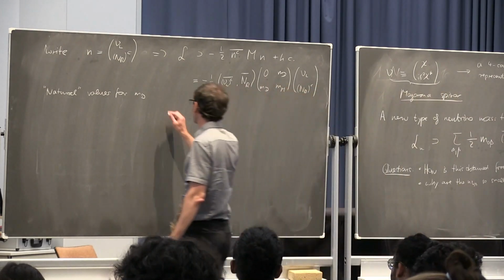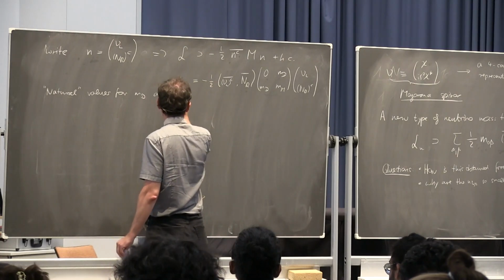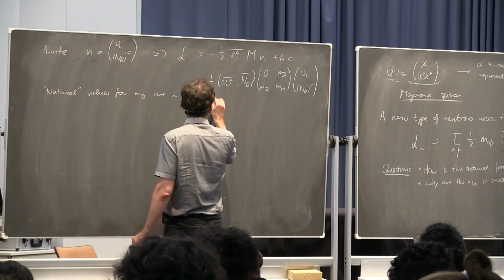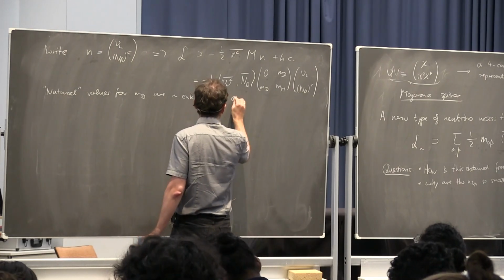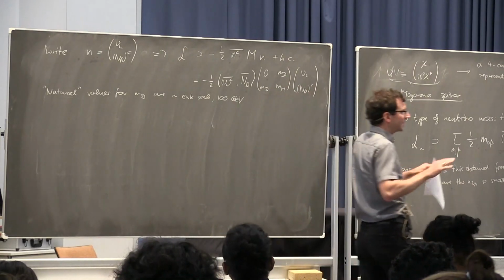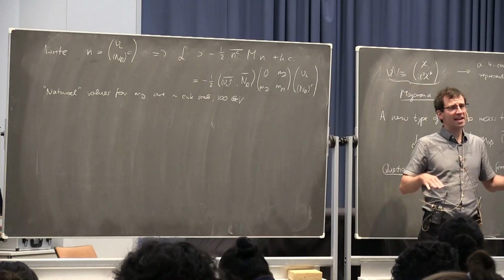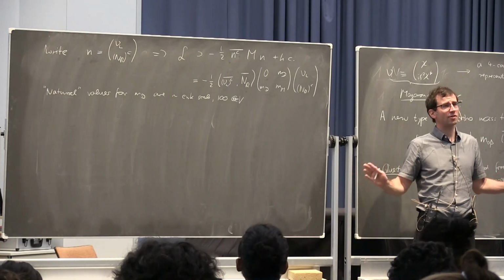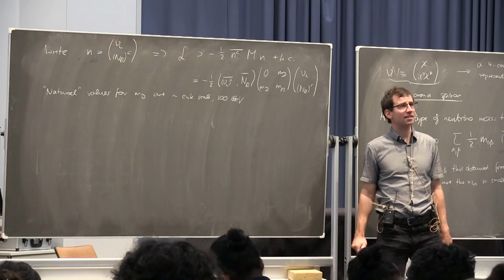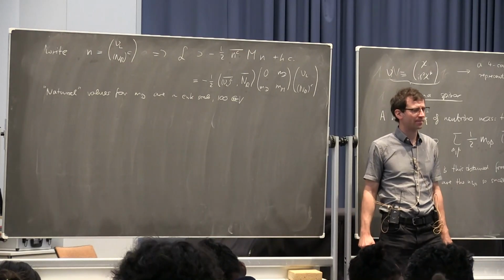So natural values for MD are around the electroweak scale, meaning around 100 GeV. Once again, that argument is on very shaky grounds, but one can start from there and then see how things change if we relax this relatively strong hypothesis.